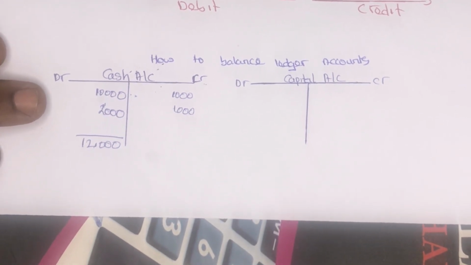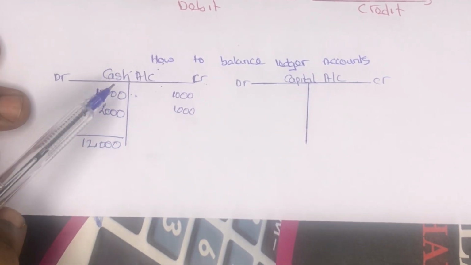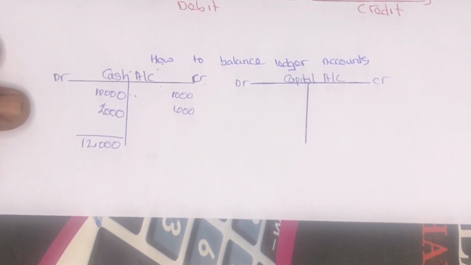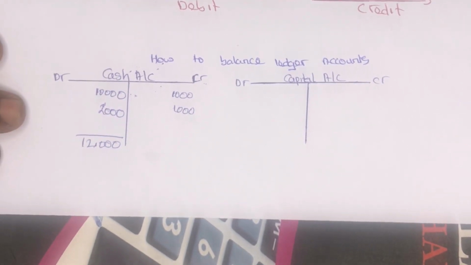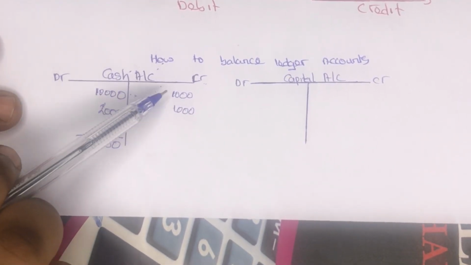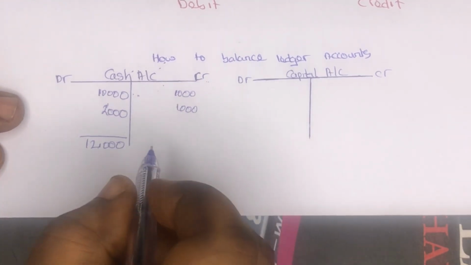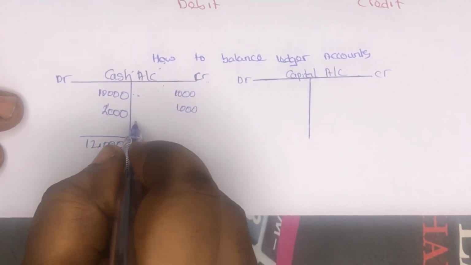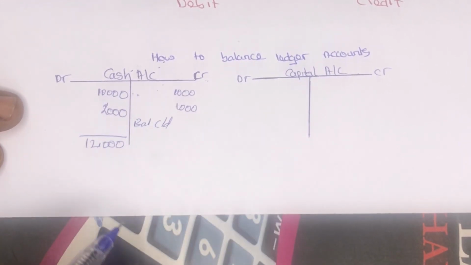And then remember, this is an asset. Asset has debit balances, or the debit increases the asset. So here it is 2,000. So we have to close this account. So this is the balance carried down. So what is the difference?